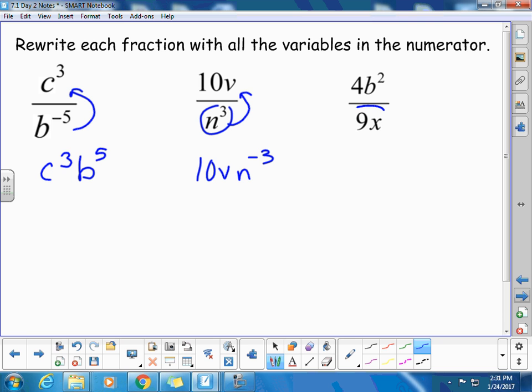And if I move all of this up, we'd have 4b to the second. You have to either keep it in parentheses and say 9x to the negative 1, or you could write 4b to the second, 9 to the negative 1, x to the negative 1, because in the denominator, they're both just raised to the 1. So either one of those is fine.